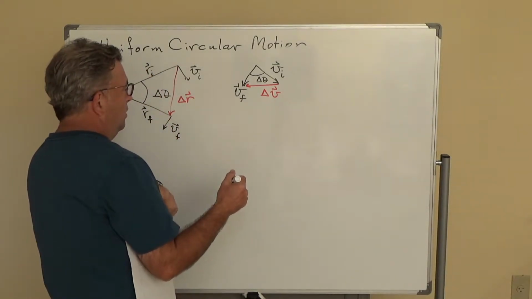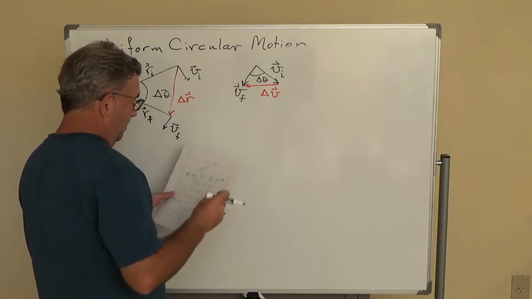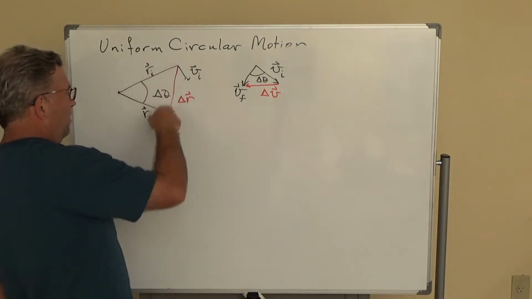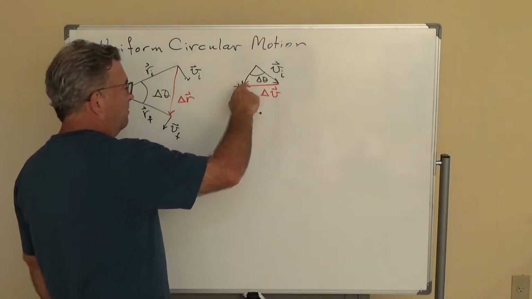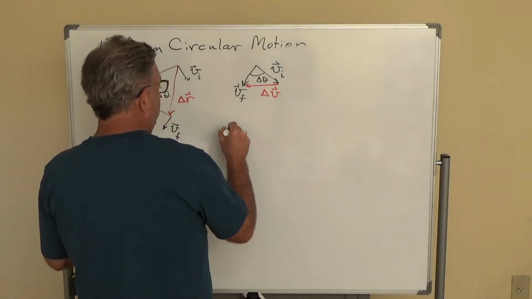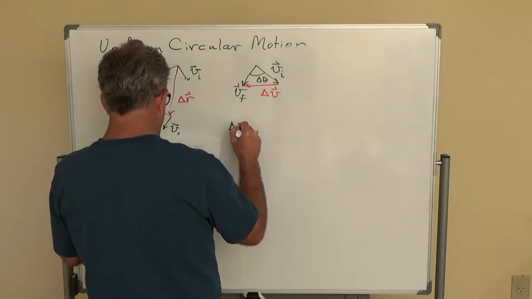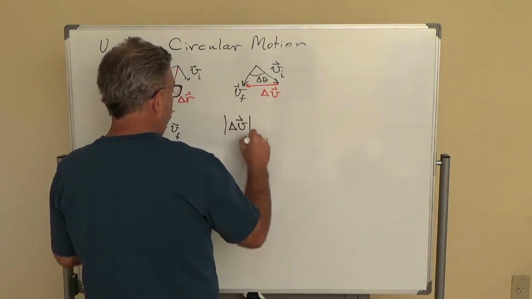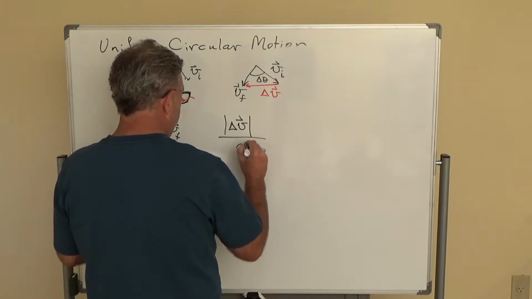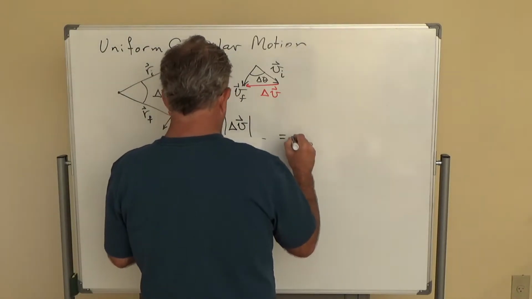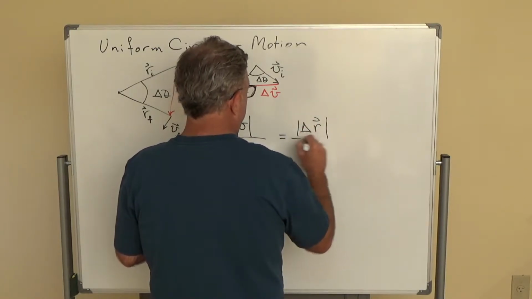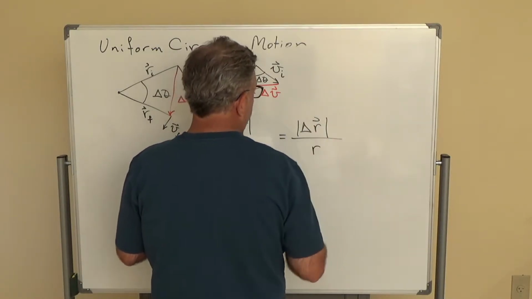Okay. There is a relationship due to this r initial, r final, and delta r, v initial, v final, and delta v. By similar triangles, you can write this down. Delta v divided by v is equal to delta r divided by r. Okay?